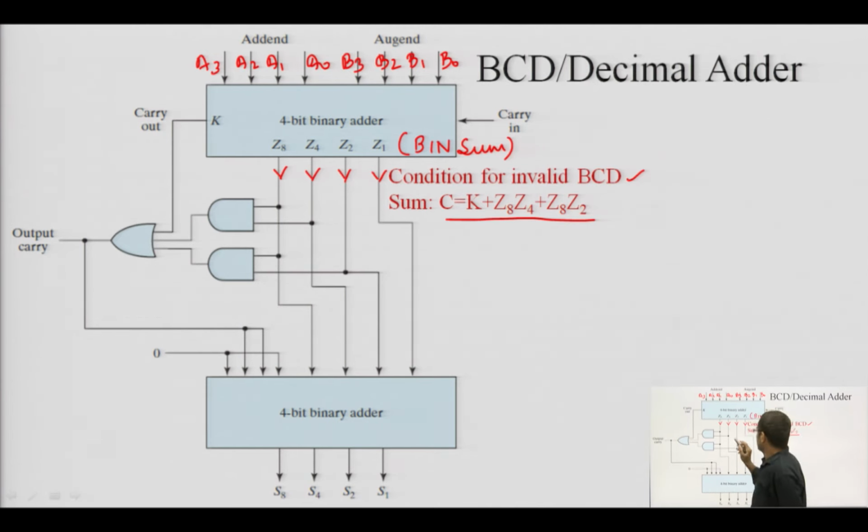So, to check whether this sum is valid or not, I am generating this expression from the binary sum. That means I am generating the condition for invalidity, C equal to K plus Z8 Z4 plus Z8 Z2.